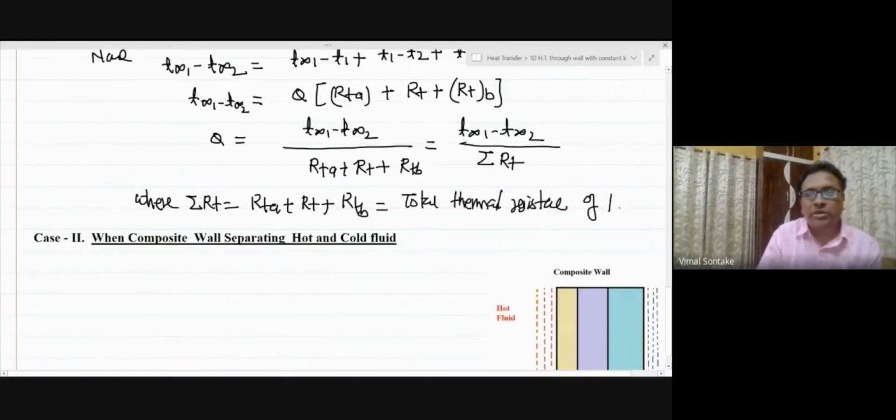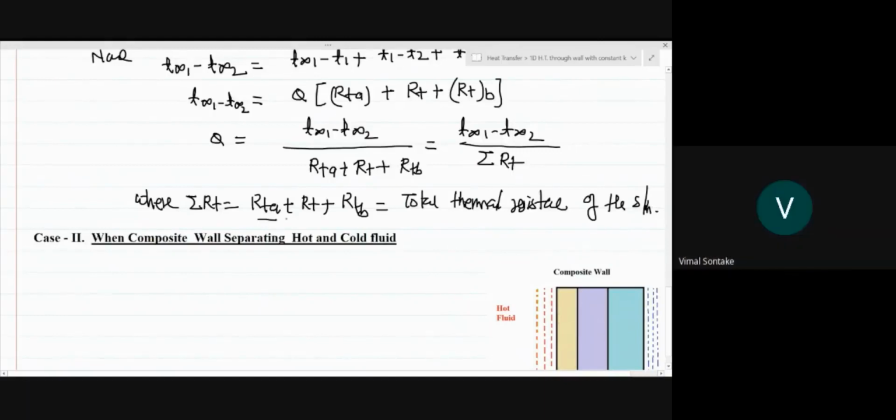of the system. System of what? A plain wall separating hot and cold fluid film. So what will be the total resistance? This much will be the total resistance offered to the heat transfer rate. RTA will be by convection through the hot fluid, RT will be by the plain slab wall material by conduction, and RTB by the cold fluid through convection.